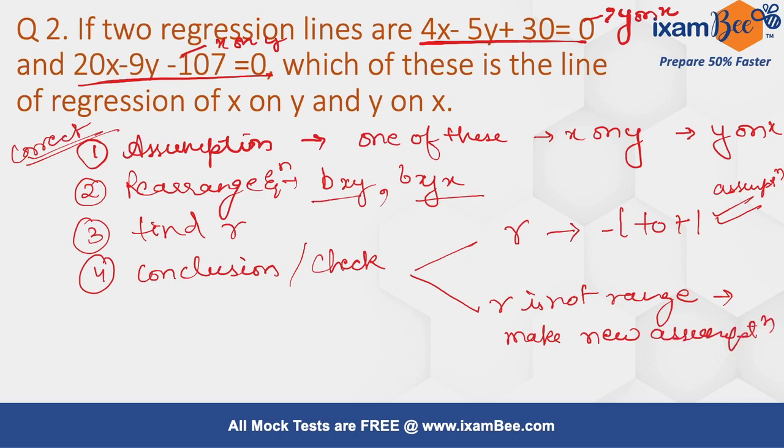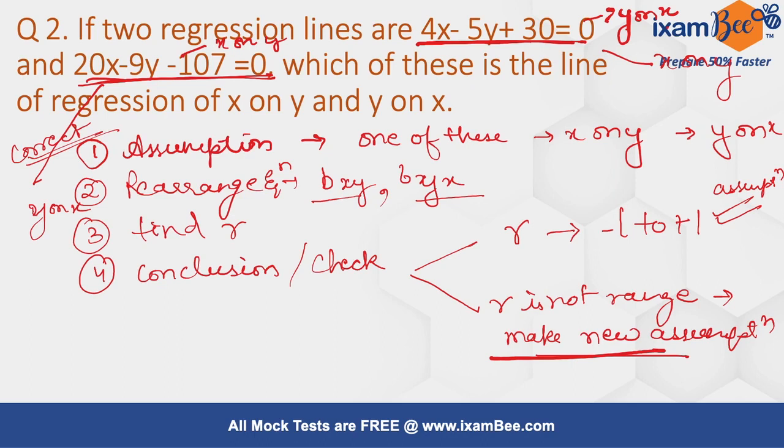Like in the first one, we assumed the first line as y on x and the second one as x on y. Now in the new assumption, we have to assume the first one as x on y and the second one as y on x. I'm not going to answer this question right now, but I am going to tell you only the procedure for it, and I want you to type the right answer for this question in the comment.